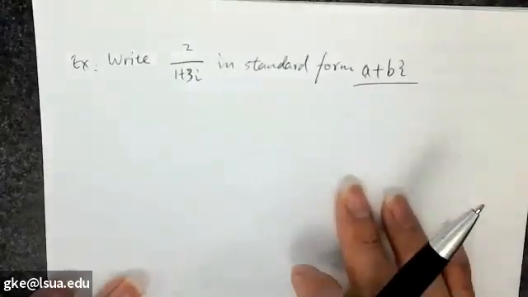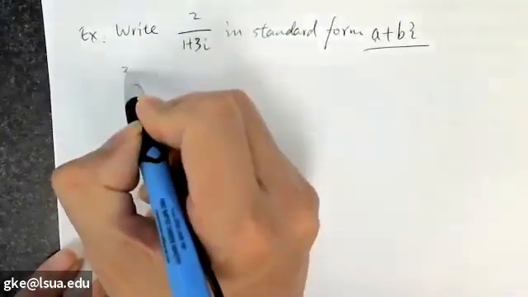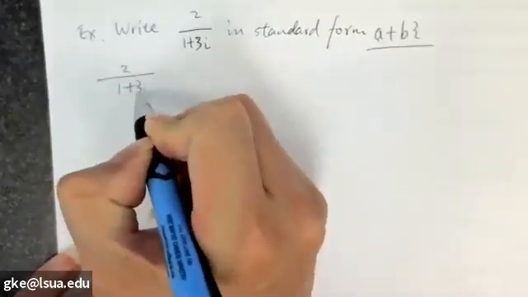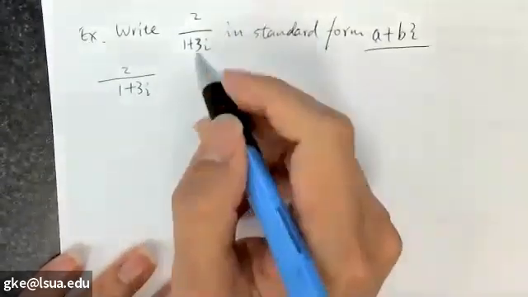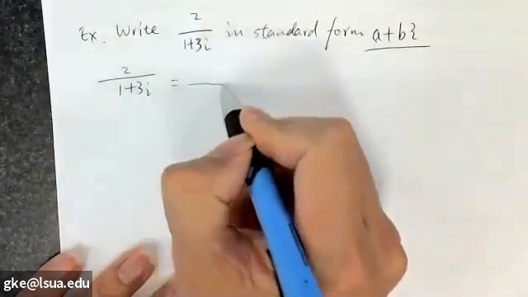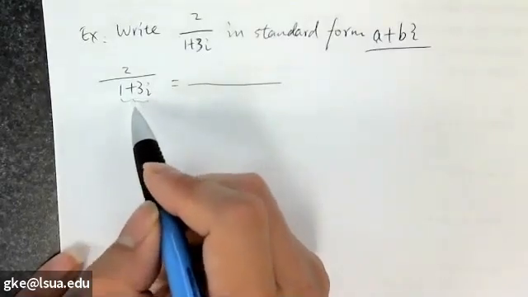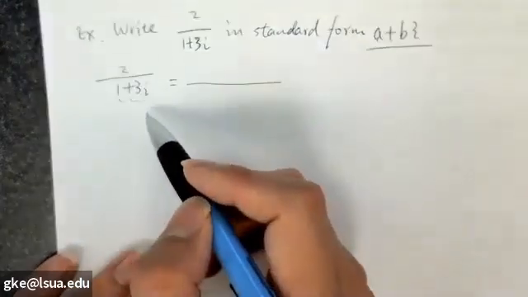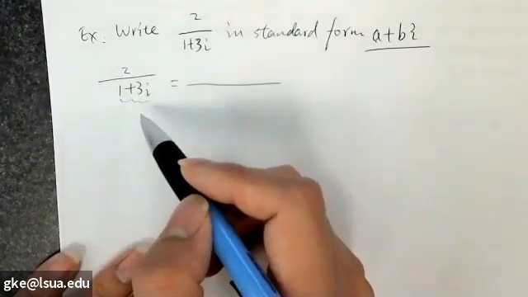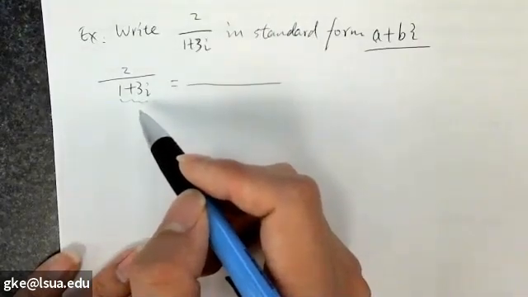Okay, I'm gonna write the answer on the board. So for this fraction, 2 divided by 1 plus 2i. For this type of problem, if you want to remove the i from the denominator, what are you gonna do? Times what? Conjugate. Very good.